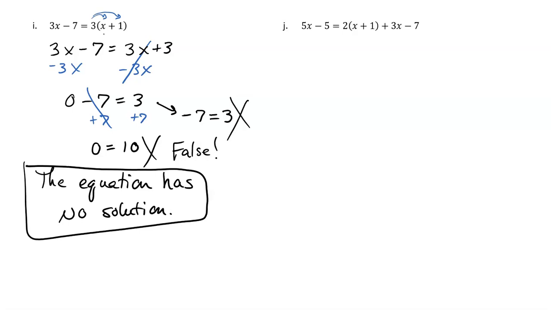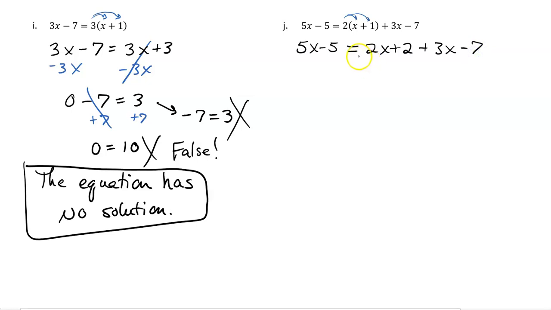Let's look at J now. Let's check out what happens in J. We have 5x minus 5 is equal to 2, open parentheses, x plus 1, close parentheses, plus 3x minus 7. So a lot of x's floating around here. I see parentheses, so I distribute. That's going to leave me with 5x minus 5 is equal to 2x plus 2 plus the 3x minus the 7.